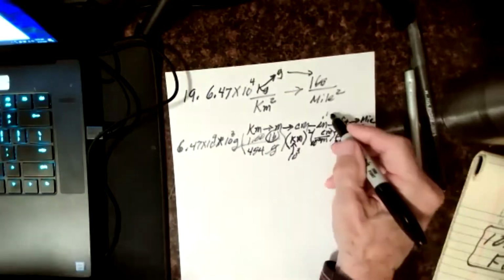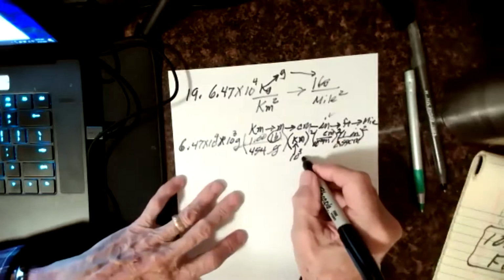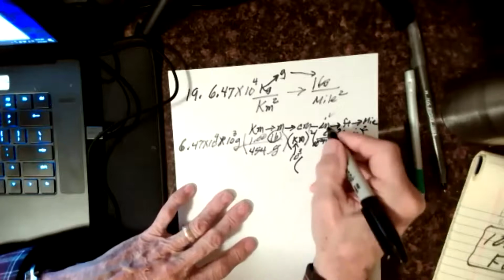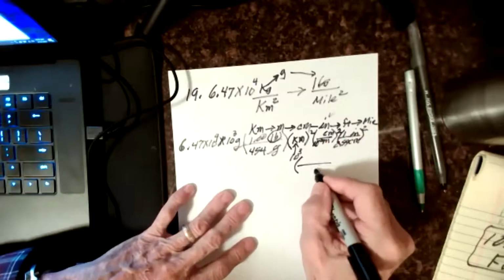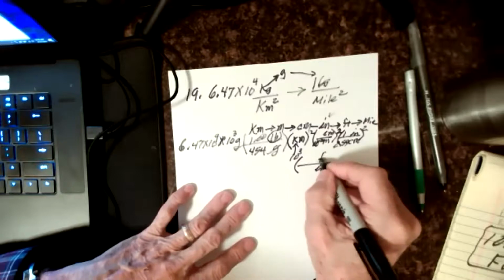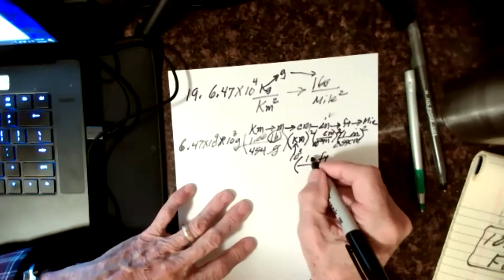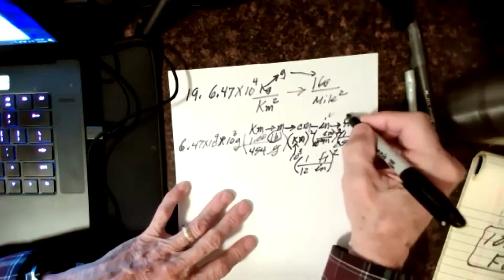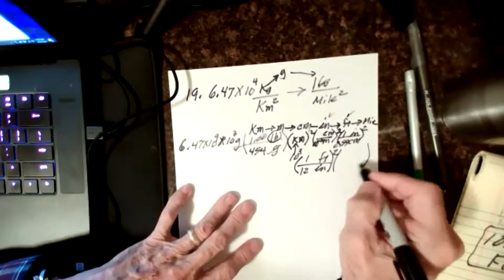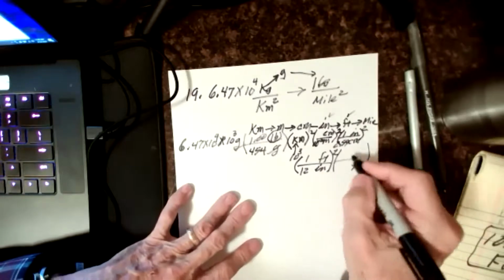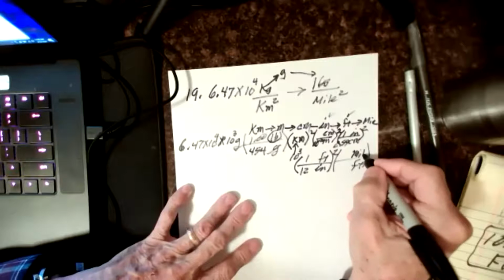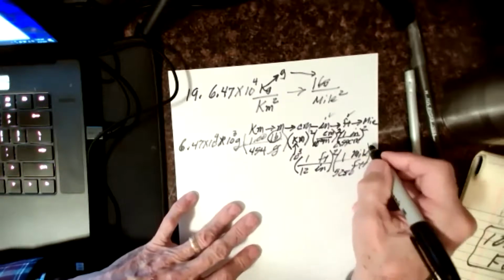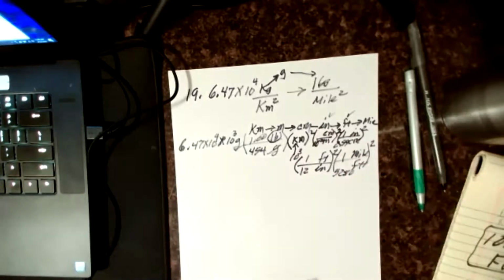Now I'm to inches. I'm going to go down here, add this factor on from inches to feet. Inches are in the numerator, so I want inches in the denominator. I want feet here. 1 foot is 12 inches, and that's squared. Now I'm to here. Now I'm going to go from feet to miles. There's 5,280 feet in 1 mile, and that whole thing is squared.